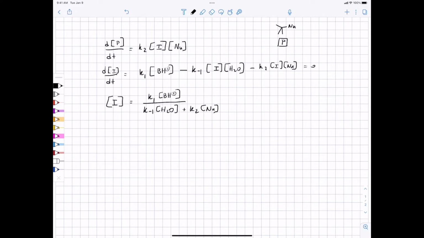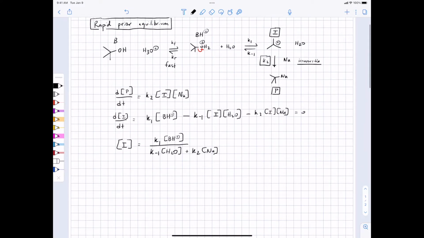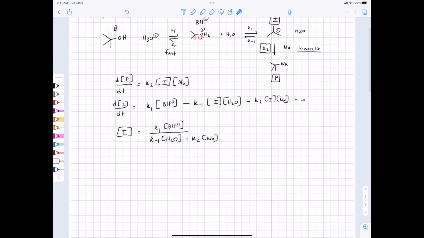All right, the problem is we're not necessarily going to know at any given time how much of this protonated alcohol is present. But we are going to know at any given time that the protonated alcohol is going to be in equilibrium with the regular alcohol.